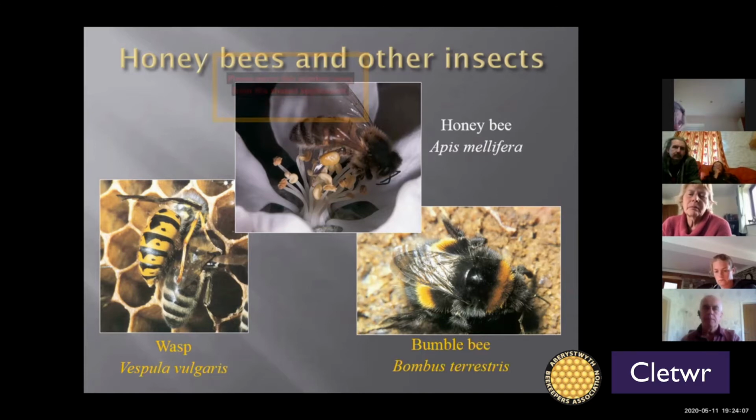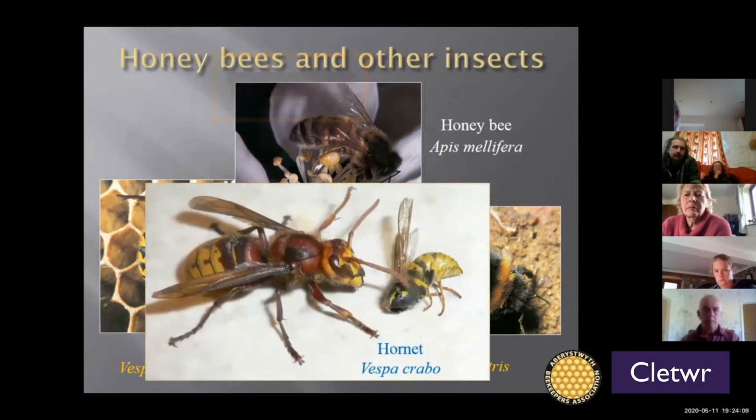And then the other insect here, which there's more and more discussion about, because hornets are now starting to be an issue. Not the European hornet, but the Asian hornet is starting to be an issue for bees in the UK. Again, we just wanted to show the distinction between a hornet and a wasp. The hornet side of things is a whole other conversation, but just to let you know, there is great concern about the Asian hornet coming into the UK.